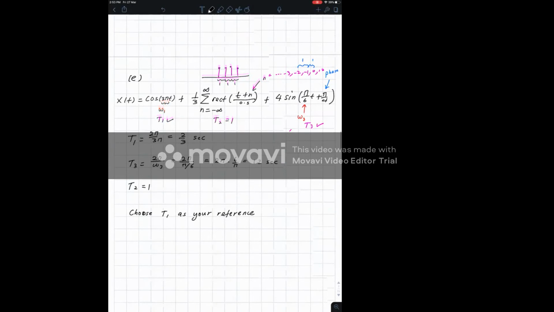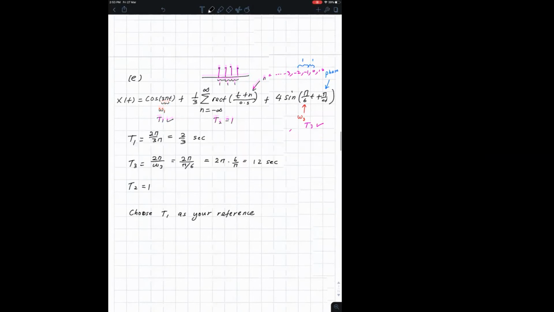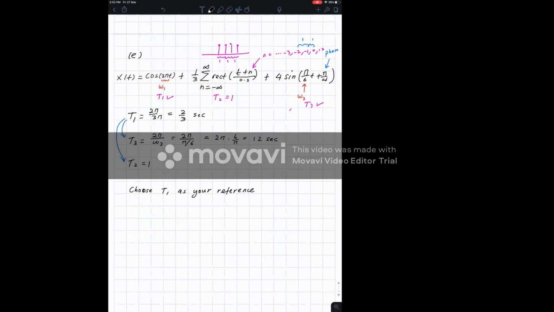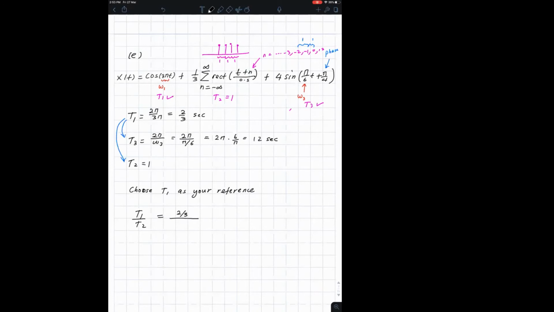So T1 over T2. T1 is 2 over 3, T2 is 1. So it's a rational number.